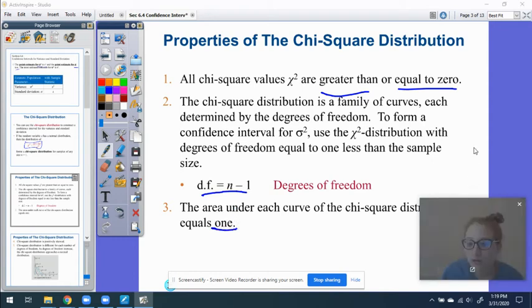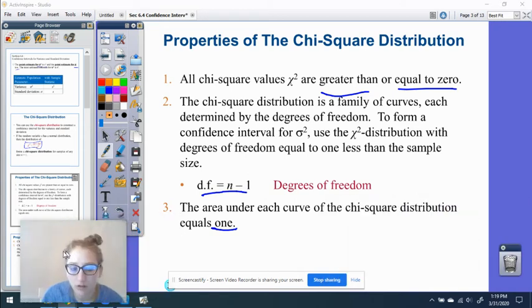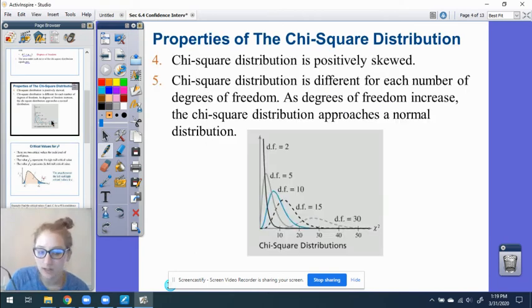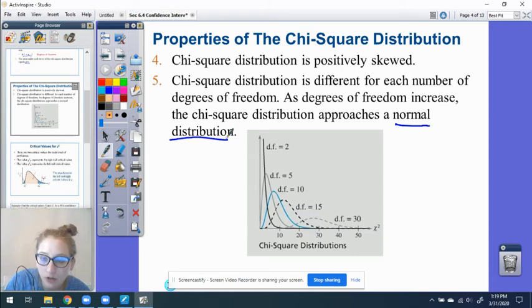One of the things you're going to notice is as our sample size increases, our degrees of freedom increase, and the curve is going to be more representative of a normal distribution. The other thing to note is that your chi-square distribution is going to be positively skewed. So you'll notice most of the data is on the left here.